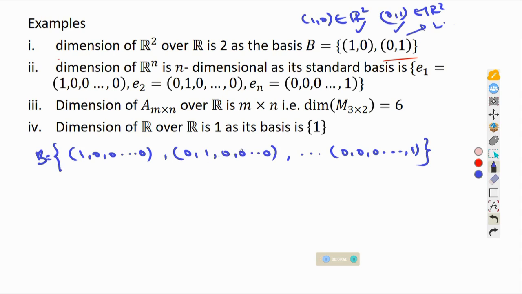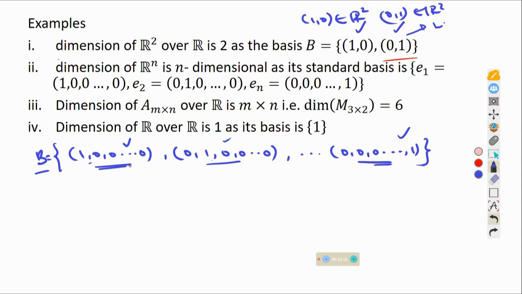And if we want to know the dimension of R to the power n, then we shall simply count how many elements are in this basis. So the standard elements are these, and the trend continues up to the last value. We can count them 1, 2, 3 up to the nth element.